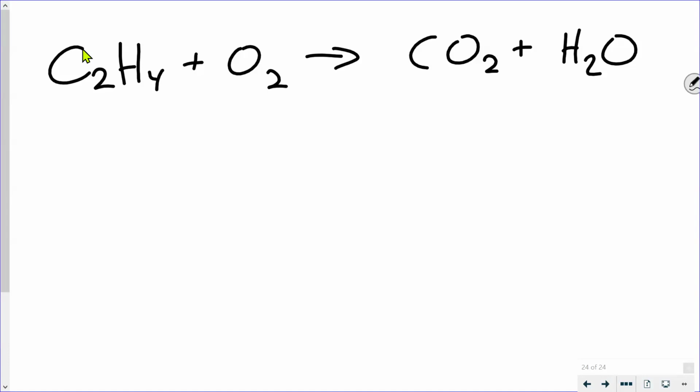Miss Hall, doesn't combustion mean like to catch fire and explode? Usually, yep. So it's usually carbon and hydrogen combined with oxygen, creating CO2 and water.